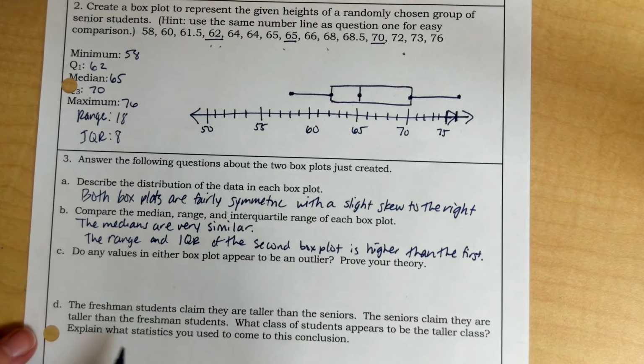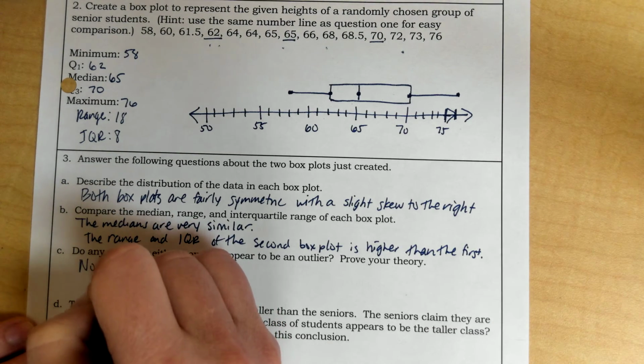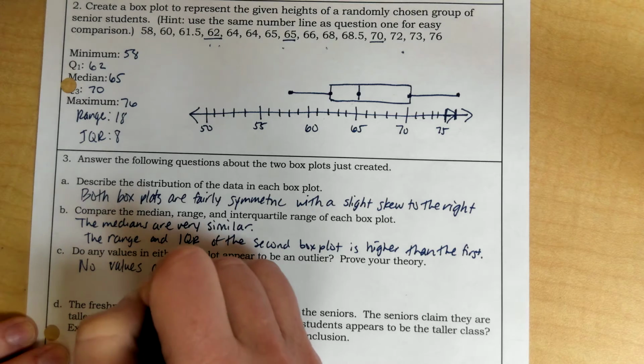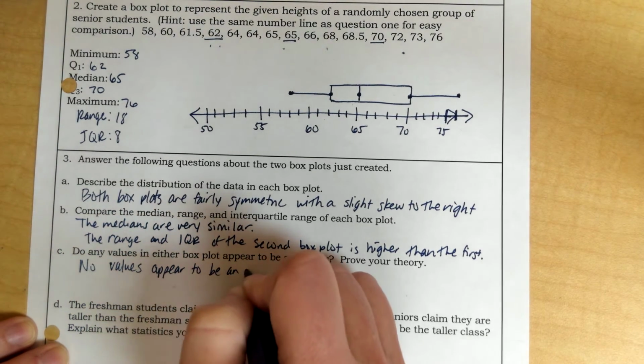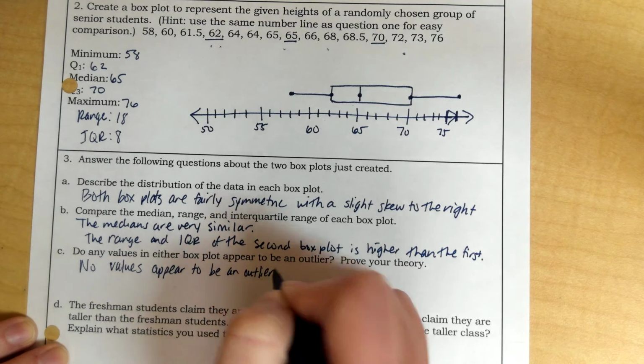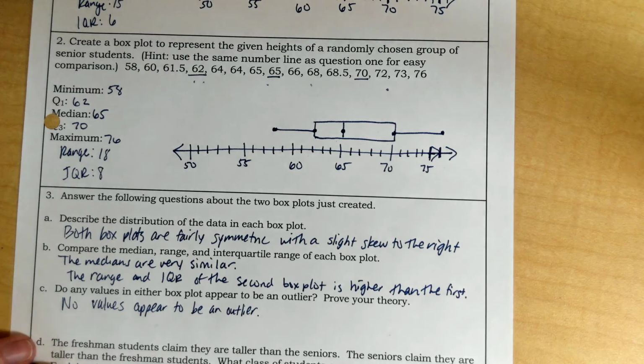Alright, so then another question: do any values in either box plot appear to be an outlier? So are there any values that appear to be a number way out there? By appearance only, I would say that no values appear to be an outlier. If they were, the 2 maximum values might be.